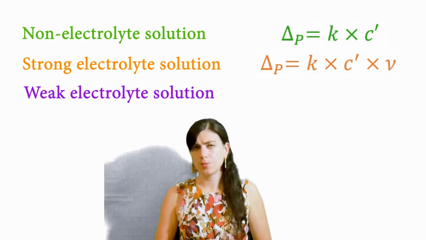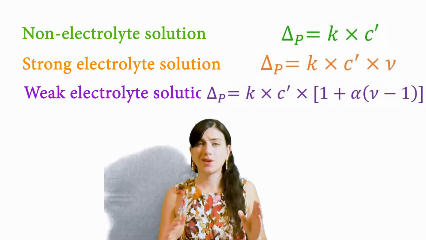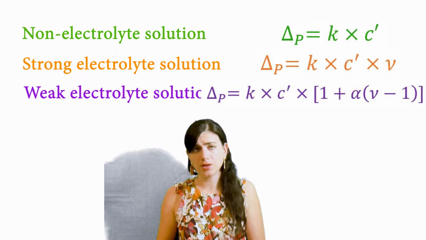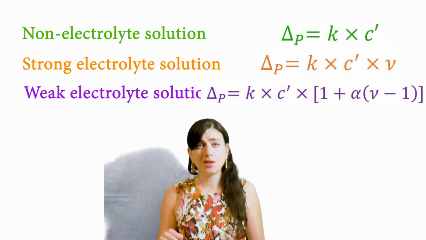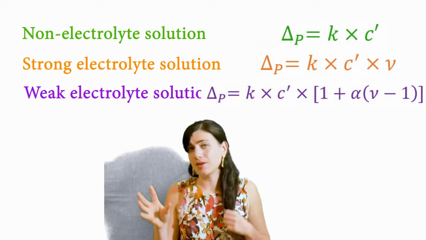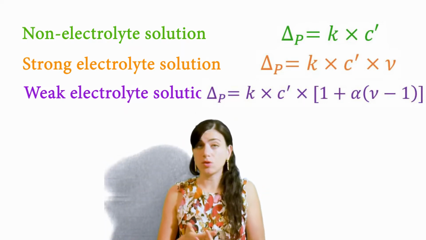So the equation will be delta equals K times C, square bracket, 1 plus alpha, parenthesis, Ni minus 1. So you need to know this alpha in order to solve this equation.